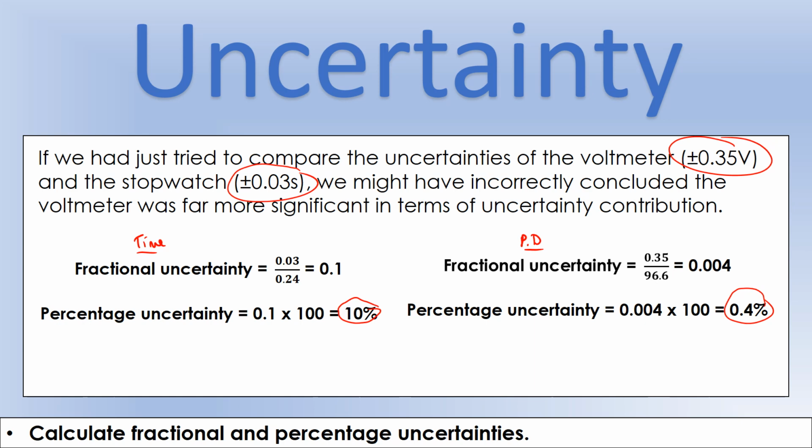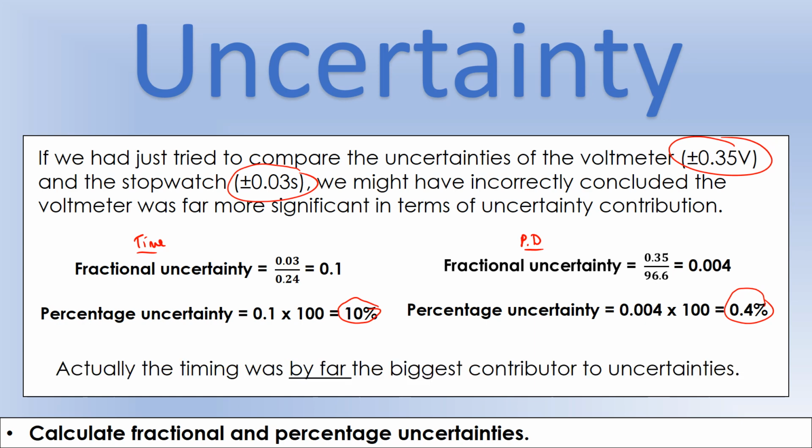So clearly we need to do something about our time measurement. Maybe we want to use light gates or a slow motion video. Maybe that would help us improve that. But that's the key. If we want to know our biggest contributor, we have to work out our fractional or our percentage uncertainty, and whichever you use, it doesn't really matter. Okay, so that's what we might use them for.